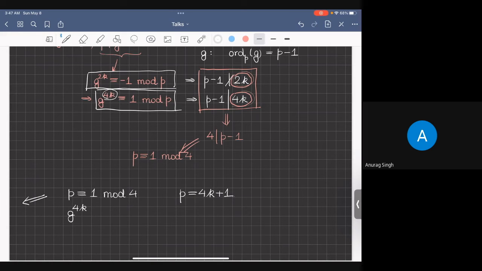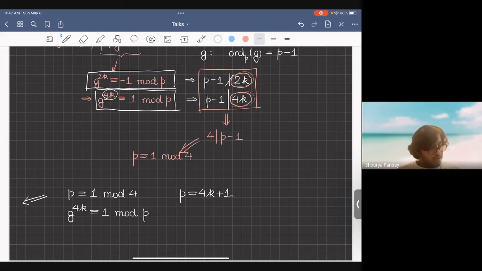Yes, and then we can have that it is equal to 1 mod p. But where is the n whose square is minus 1 mod p? I'm still wondering where you get the n from. I want to show this, right?